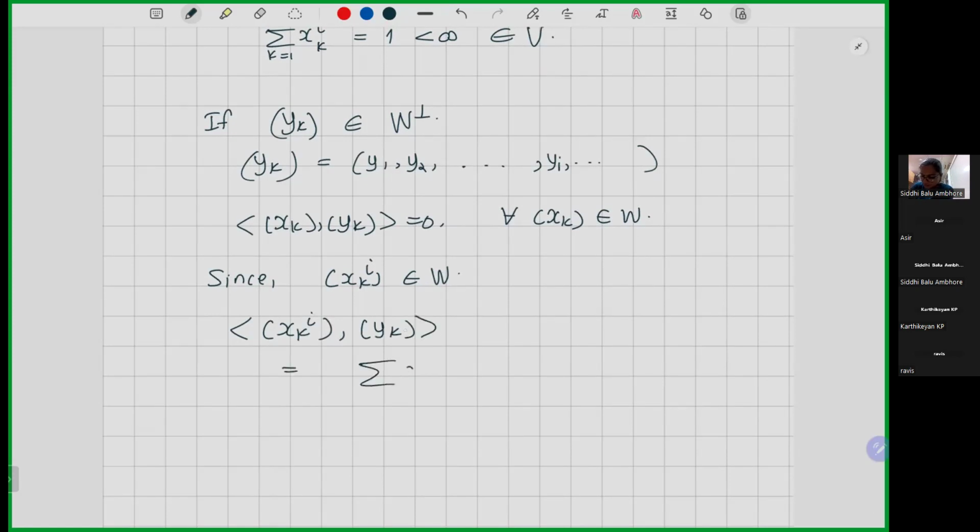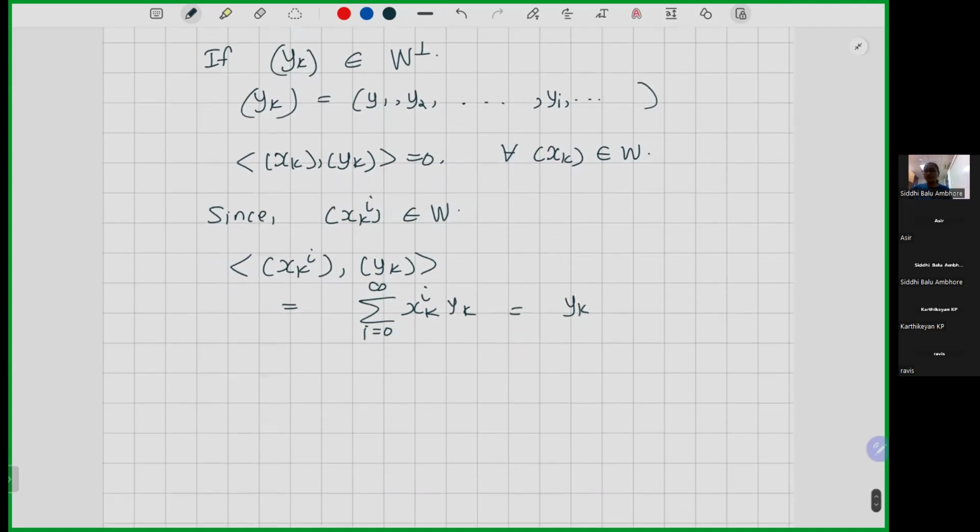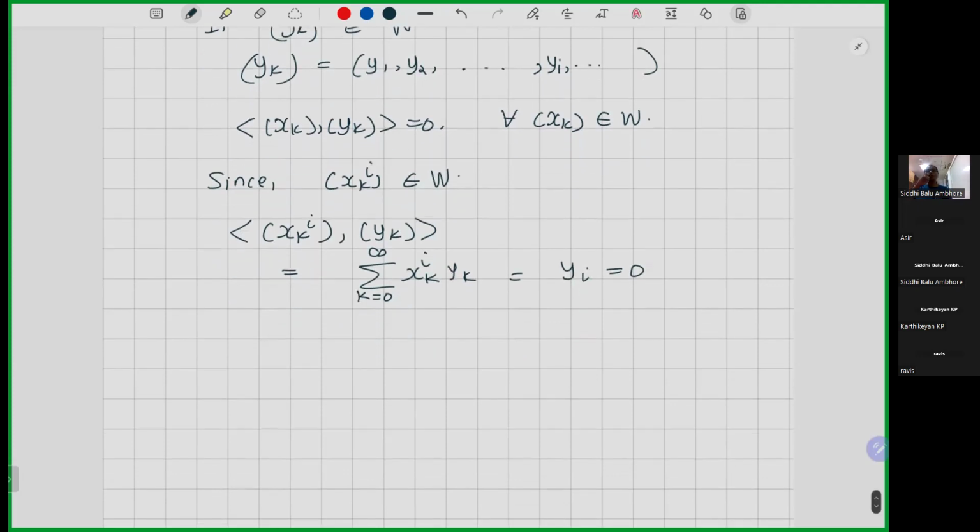It is the summation of x_k^i y_k over i, which is just y_i. Because here all the x_i's are 0 apart from the ith entry. So this is y_i and it has to be 0.